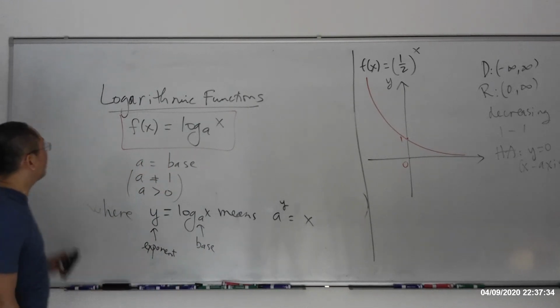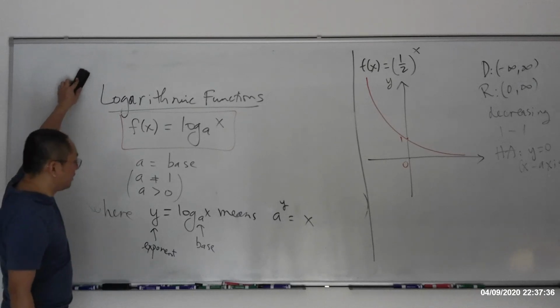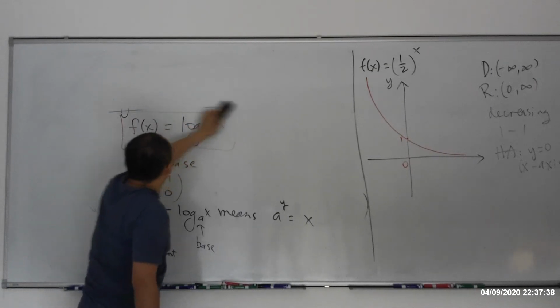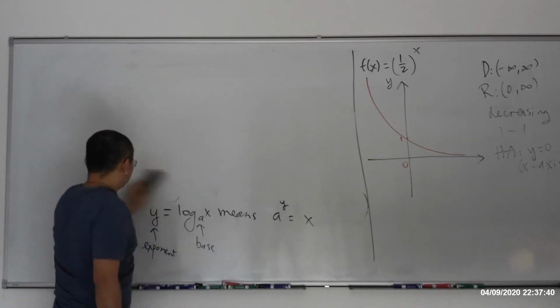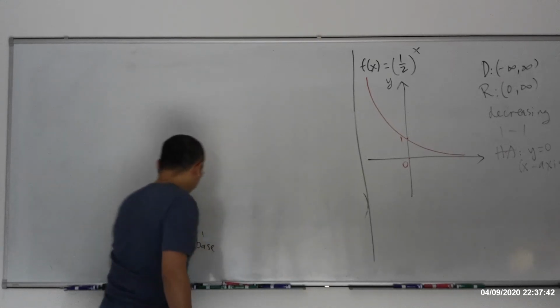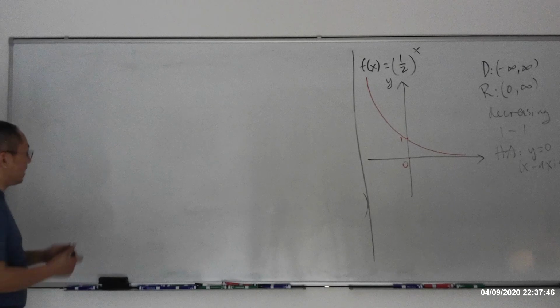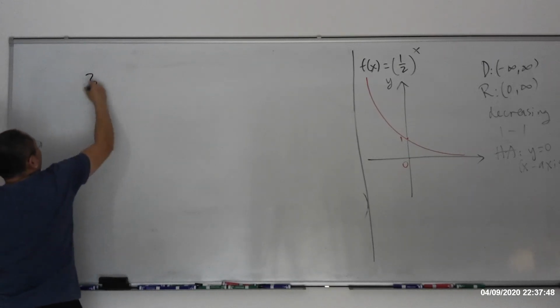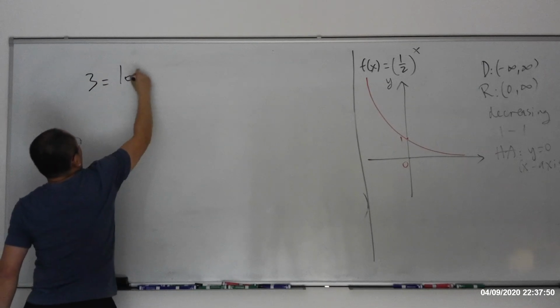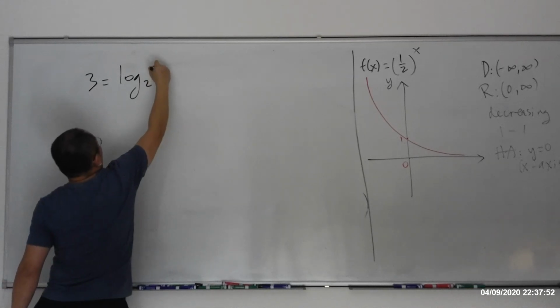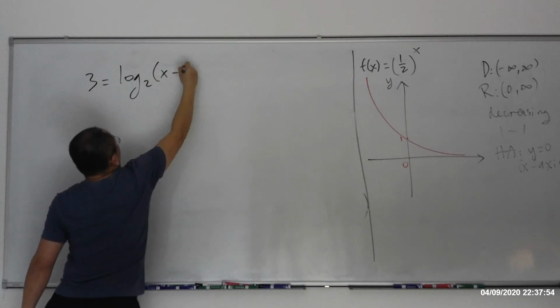All right, so let me give you some examples. Make sure that you guys get the hang of the log function. Example, if I have 3 equal to log base 2 of, say, x minus 5.